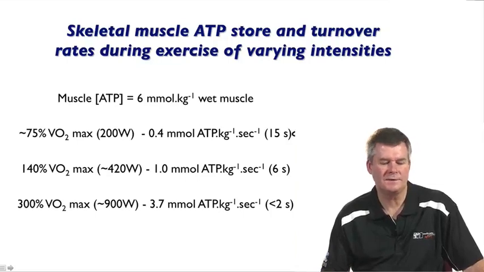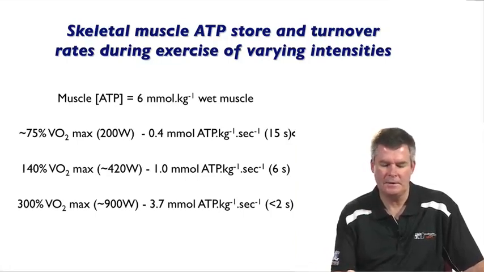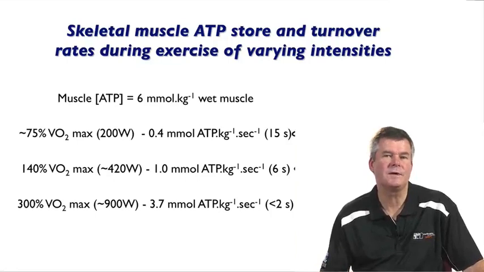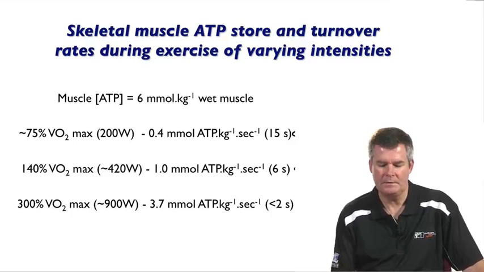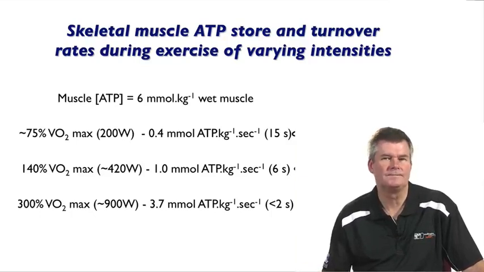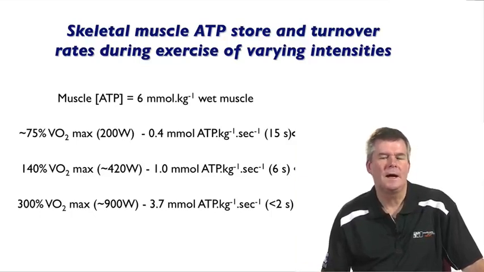If you increase the exercise intensity to a higher level, say 140% of VO2 max, you'd go for about 6 seconds. And then if you went as hard as you possibly could for a very short period, relying only on the ATP in your muscle, you'd last less than 2 seconds. So clearly, other metabolic pathways in skeletal muscle are activated to generate ATP to maintain muscle contraction.